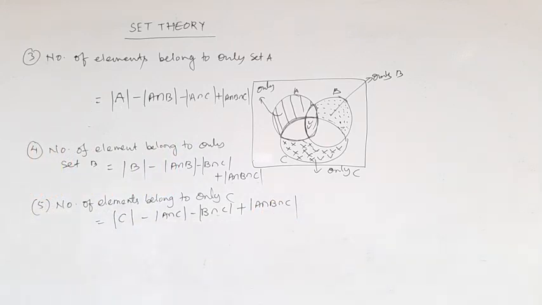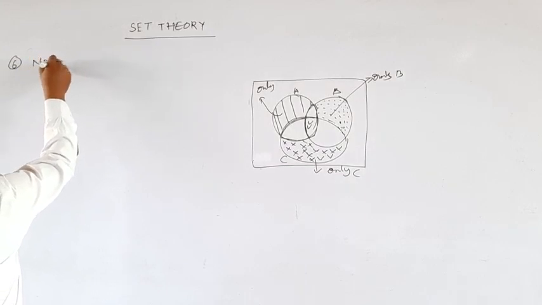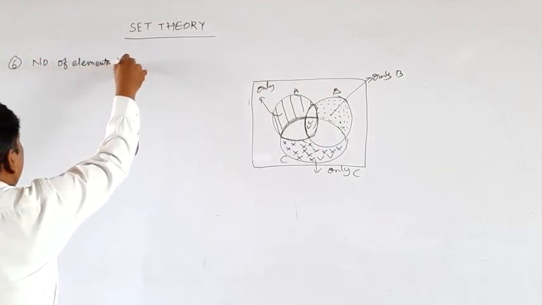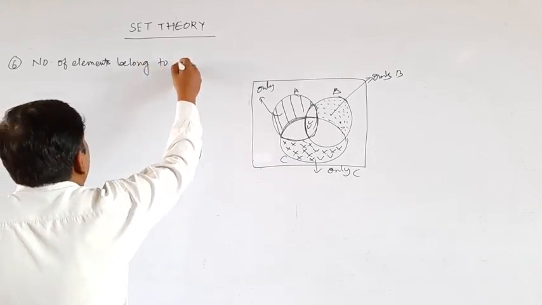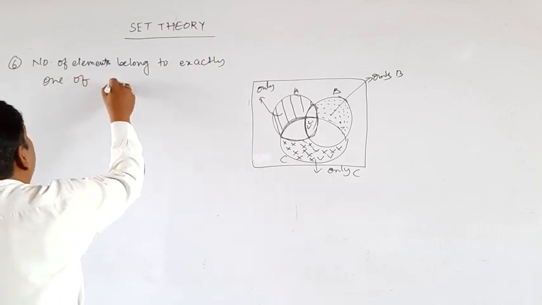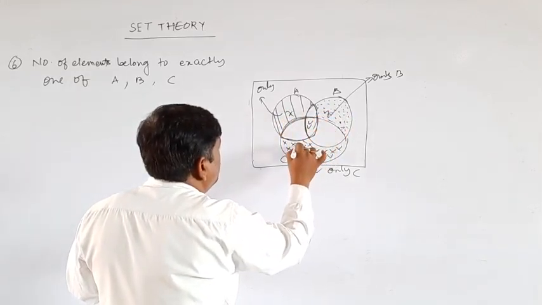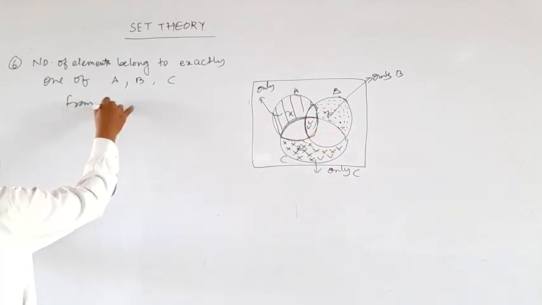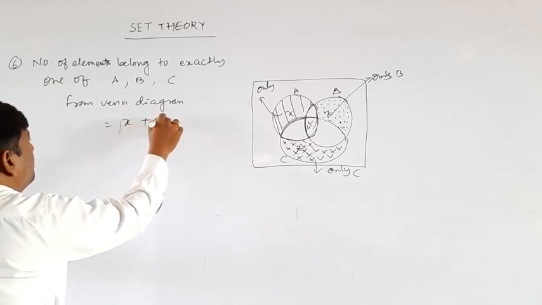Now the number of elements that belong to exactly one of the sets A, B, C. From the Venn diagram, this is X and this is Y and this is, suppose, Z. X or Y or Z is X plus Y plus Z. What is X?